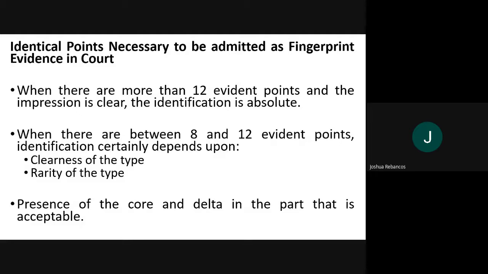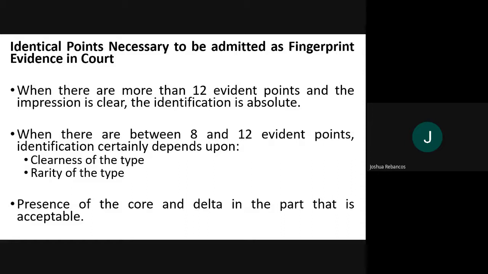Pag 8 and 12 naman yung mga similarities niya, pag clear naman yung clearness at rarity of the type, kung mangilan-ngilan lang yung mga ganun na magkaparehas, meron siyang evidentiary value. Pwede siyang ma-admit sa korte.